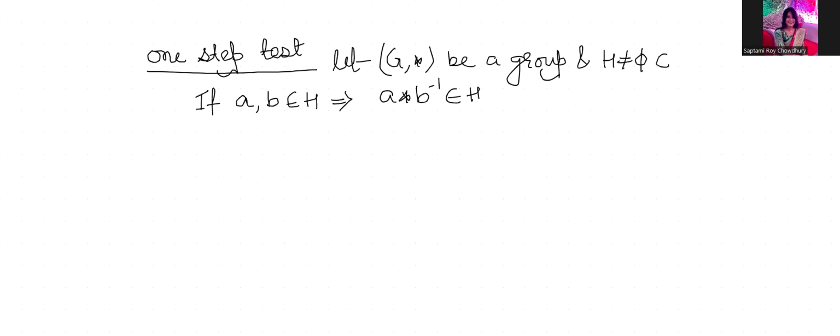Here you have to show that, obviously you first have to check that it is a non-empty subset of G, and next you have to show that A, B belongs to H implies A star B inverse belongs to H. The previous part is the same, that is, let G comma star be a group and H a non-empty subset of G. Then if you can satisfy this condition, then H becomes a subgroup of G. Clear?